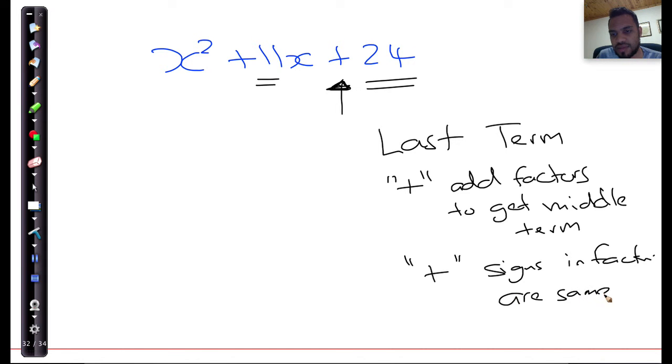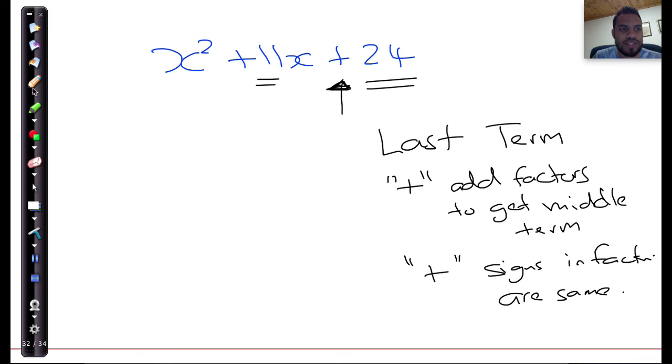The middle term, on the other hand, will tell me, if it is positive, that both signs in the brackets must be positive. If this is negative, both bracket signs need to be negative. We will deal separately with what a negative tells us on the last number and how to read the middle term in that case.